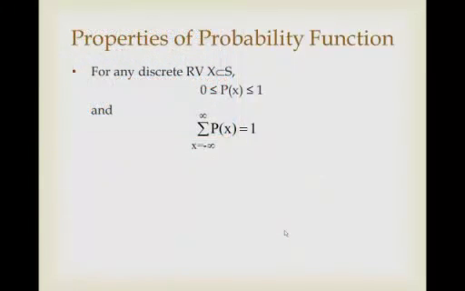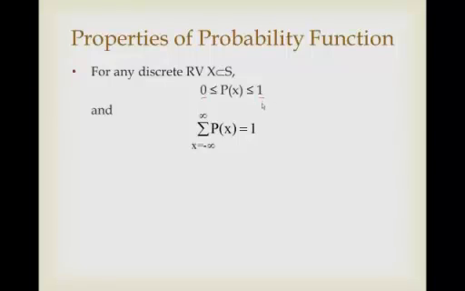The properties of the probability function are pretty much what you would assume them to be. Think of this as something like figuring out the probability that it's going to rain tomorrow. It's got a range between 0 and 1, and of course 1 means 100%. You can't get bigger than 100%.